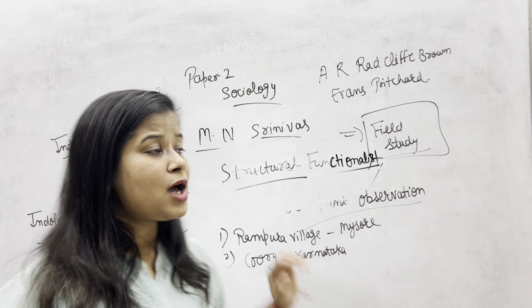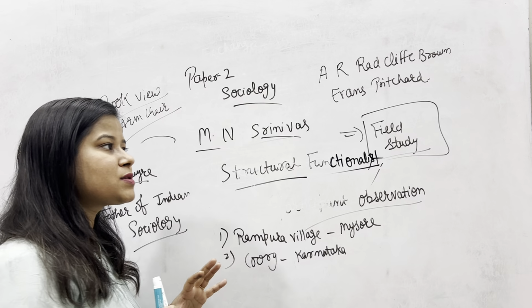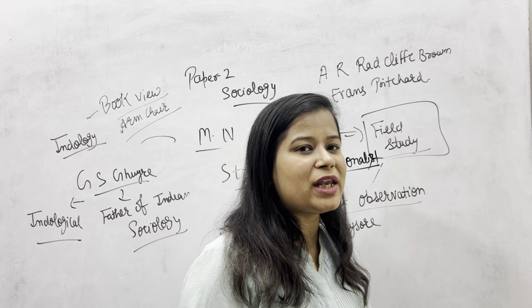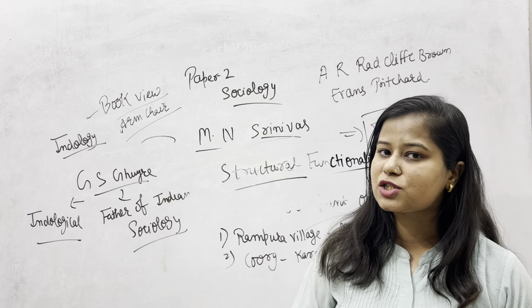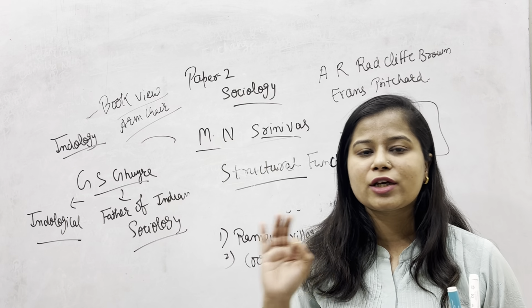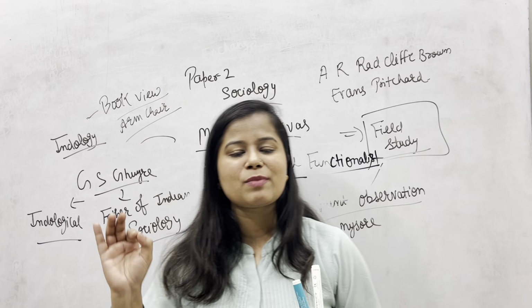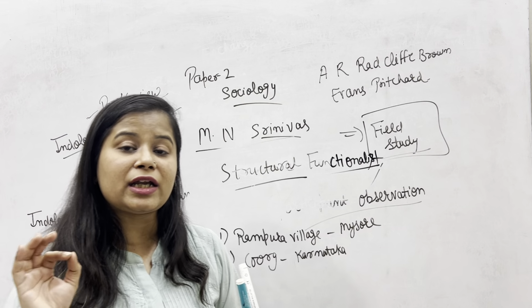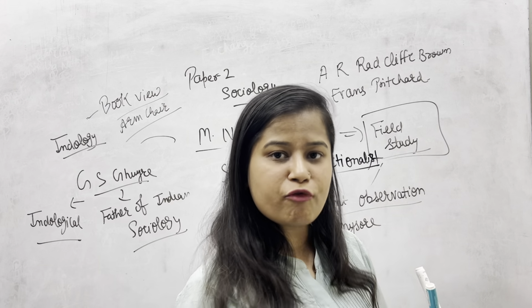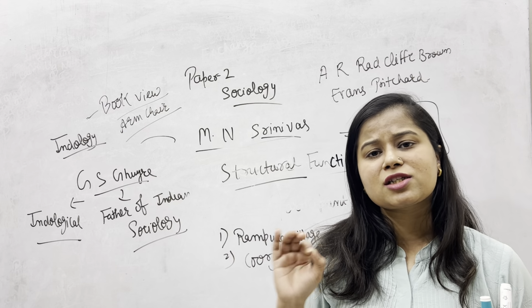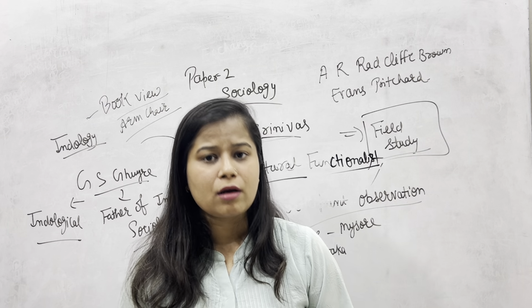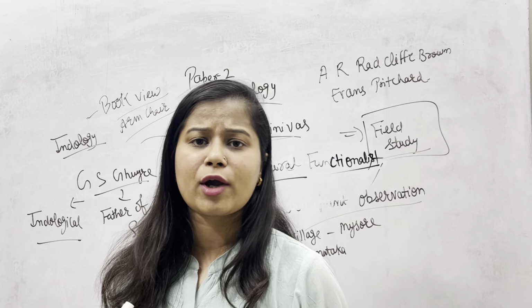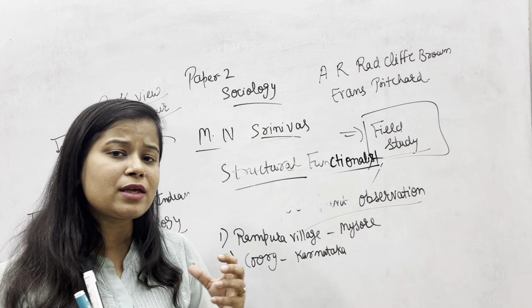Now what is this? Structural functionalists are the people who believe that everything in the society has a structure. Just compare it with the human body. The human body is made up of certain parts and every part has its separate function to perform. And if there is a disturbance in any of your body parts, then our whole body will be affected.